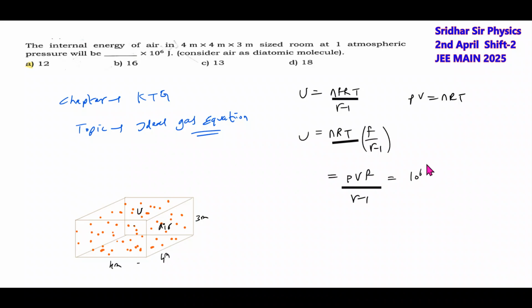or 10 to the power of 5 pascal. Volume will be 4 into 4 into 3. Degree of freedom for a diatomic gas is 5. Gamma will be Cp by Cv. Cv for a diatomic gas is 5R by 2, and Cp will be 7R by 2, so gamma will be 7 by 5.